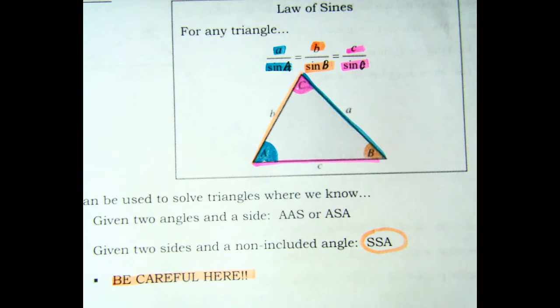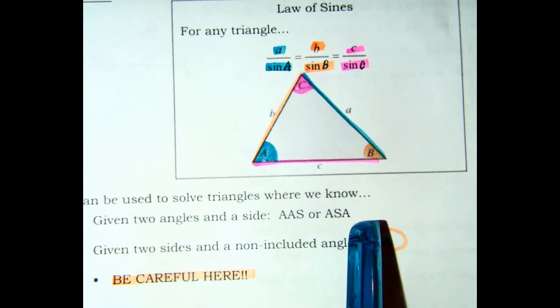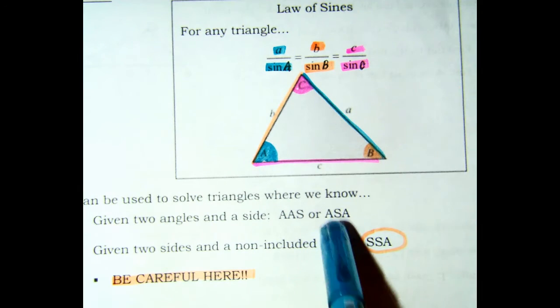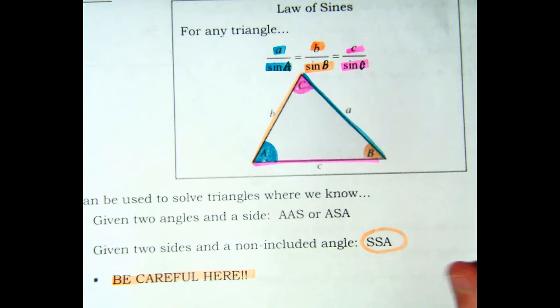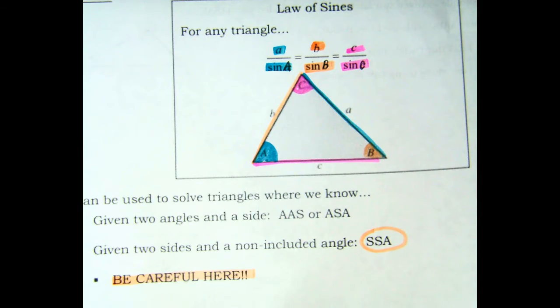Sometimes it's going to work, sometimes it's not, sometimes it's going to have two answers. So we'll look at that in a minute. We're going to focus on these two at first. So anytime you have angle, angle, side, or angle, side, angle, law of sines is going to work. So we're going to open our foldable and twist it around and see that.